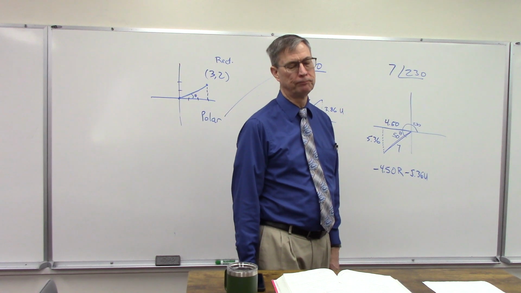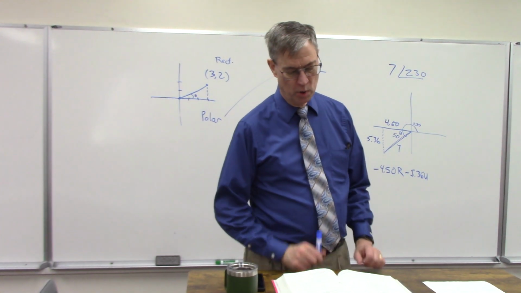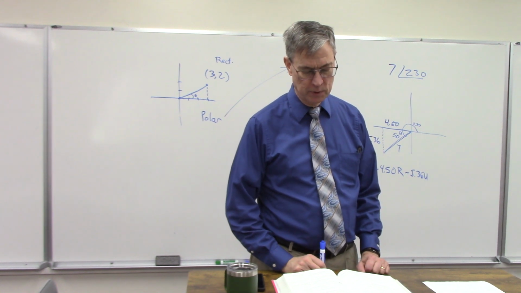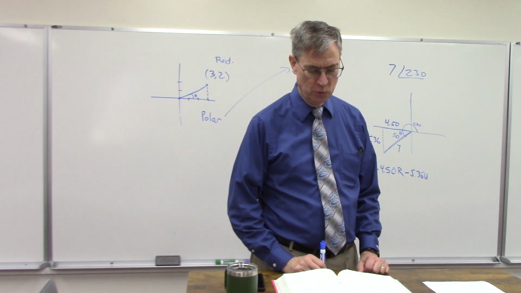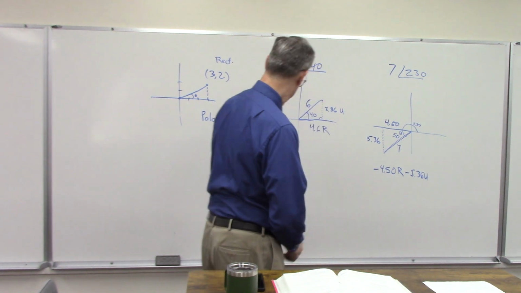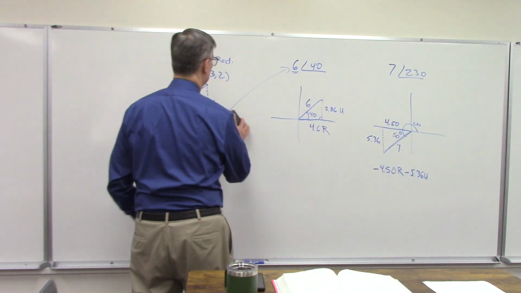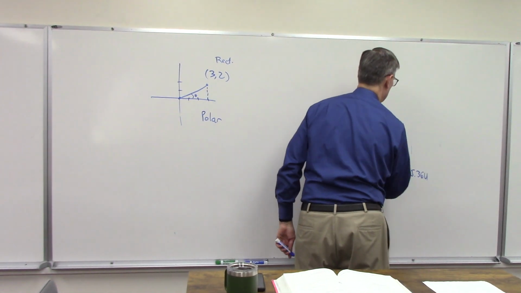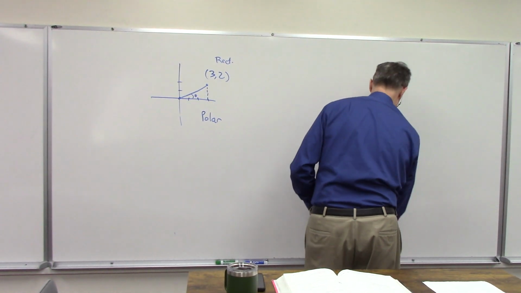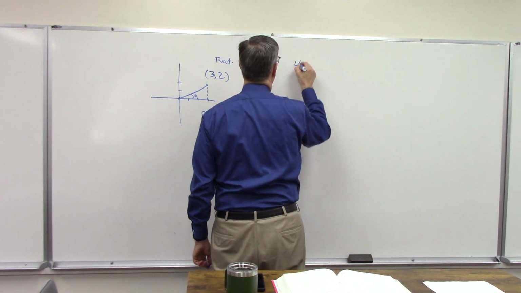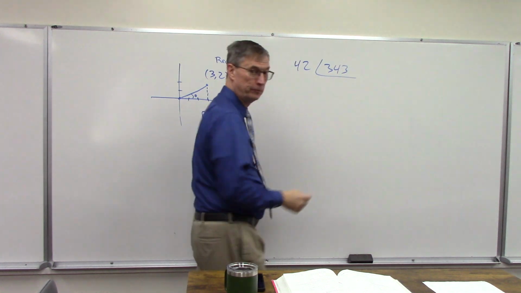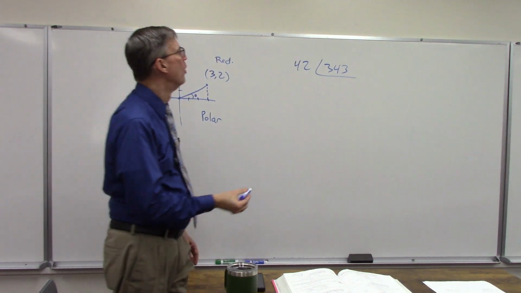All right. Let's do one more, and then I'm going to have you come up here and do a few of these. All right, example 3. Read that one to me, Michael. Yep. 42 at 340 degrees. 343? 340.